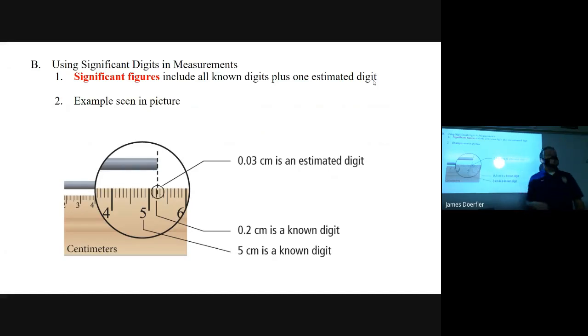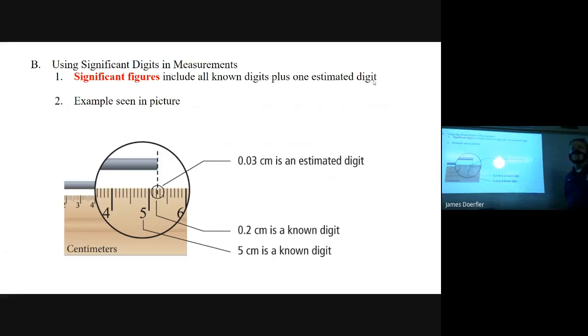So I'm sure you've done this a lot, where you might have something you're measuring and it stops in between these two marks right there, and you kind of guess what it could be. That is your estimated digit. So for this particular instance, 0.03 centimeters is our estimated value.